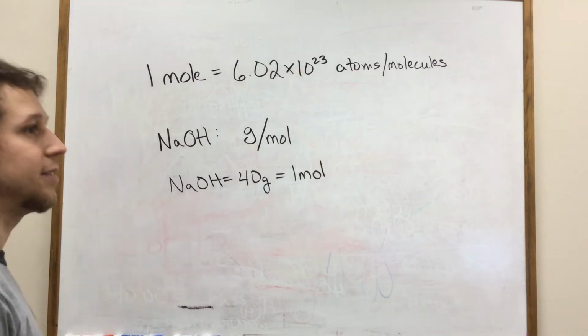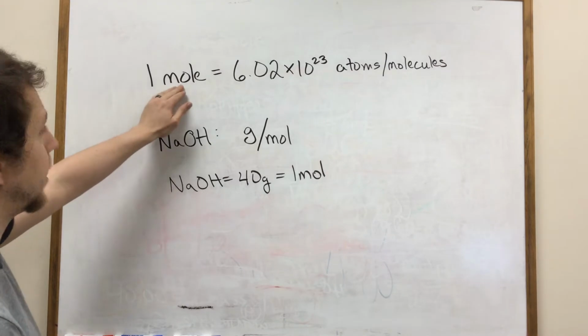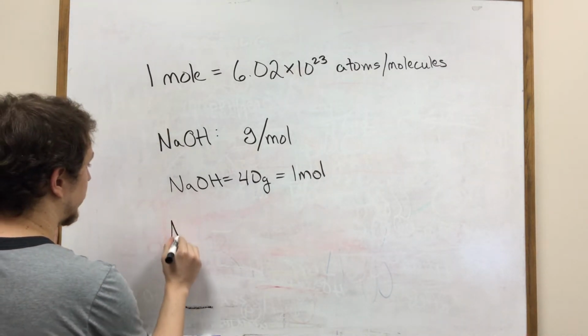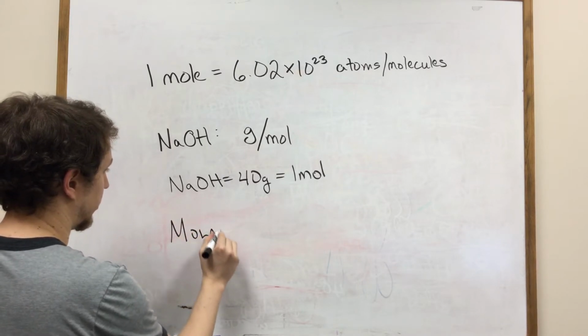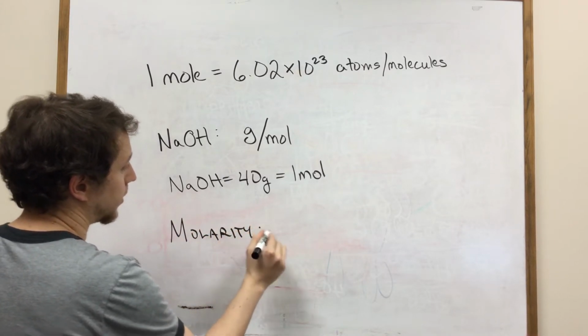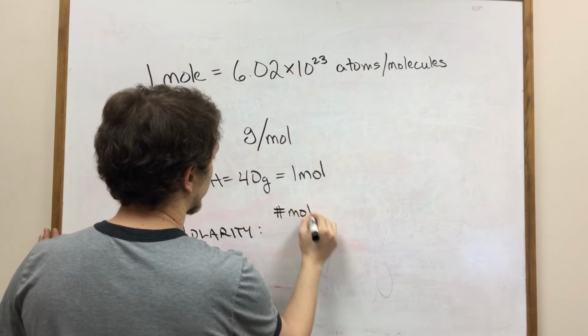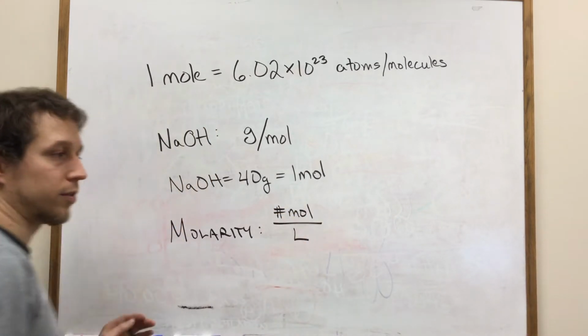So let's take this to the next level. Let's go ahead and take into consideration what a mole is and also bring to light the term molarity. Simply put, what molarity means is it tells us the number of moles per liter of solution.